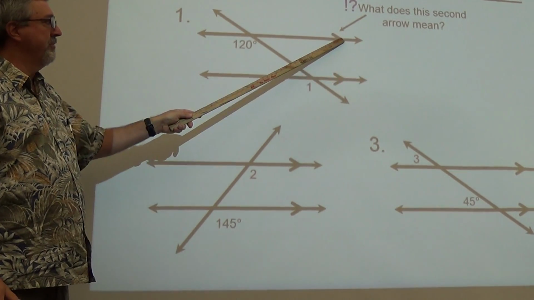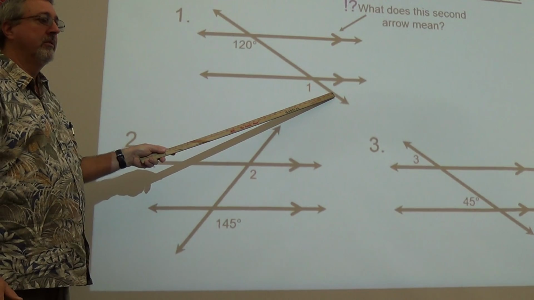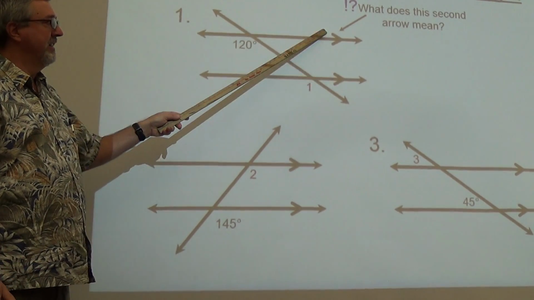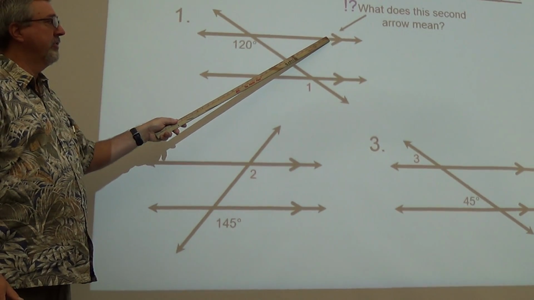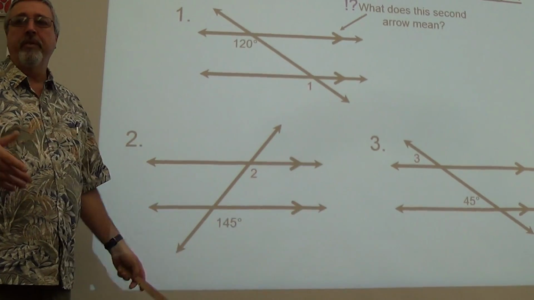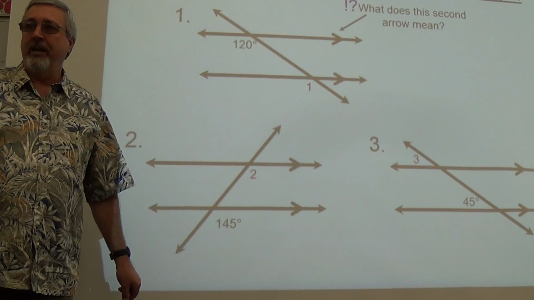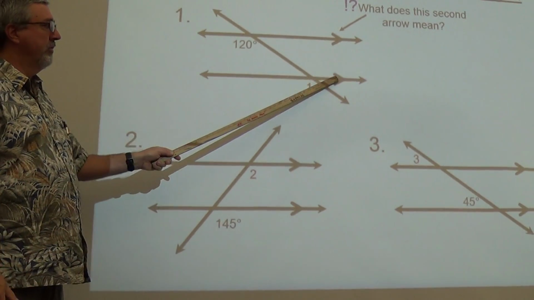These are different types of arrows. This shows that these 2 lines are parallel. They could have 2 arrows here or 3 arrows here, and sometimes they do if there's more than one set of parallel lines in a diagram. But in this case, there's only one set, so these 2 lines are parallel.